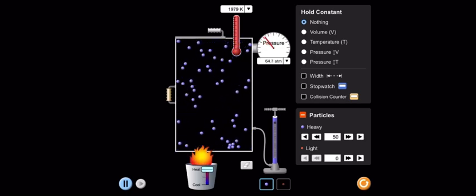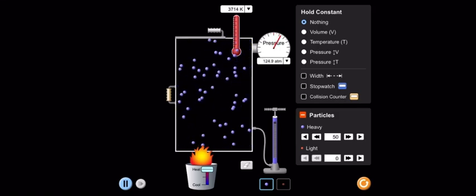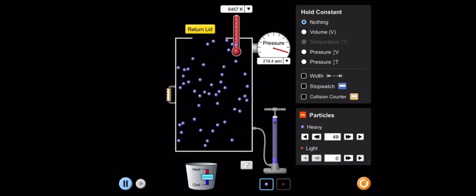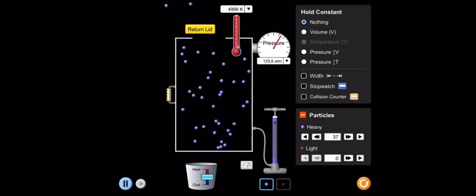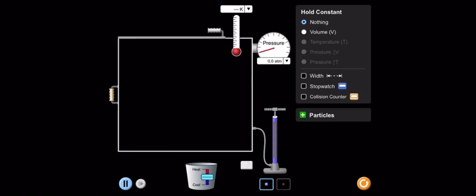So guys, as you can see, the temperature increases from time to time. Let us see. So the kinetic energy increases. And guys, look at this. The temperature increased so much that the volume wouldn't be able to stay constant anymore.